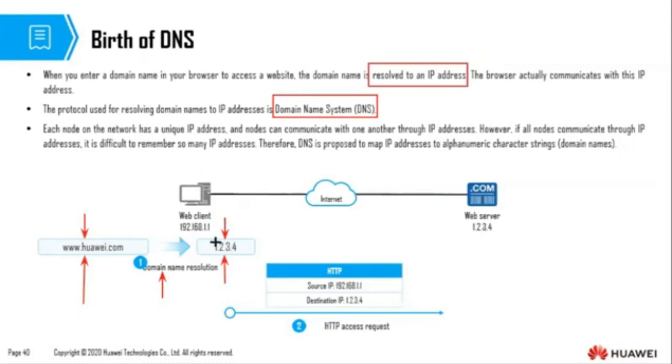So you might not remember 1.2.3.4, but you might remember Huawei.com more easily. Initially, we just used to access servers by typing their IP addresses. But that was quickly overtaken by the use of domain names. And now, in order to translate domain names to IP addresses, we needed the domain name server.